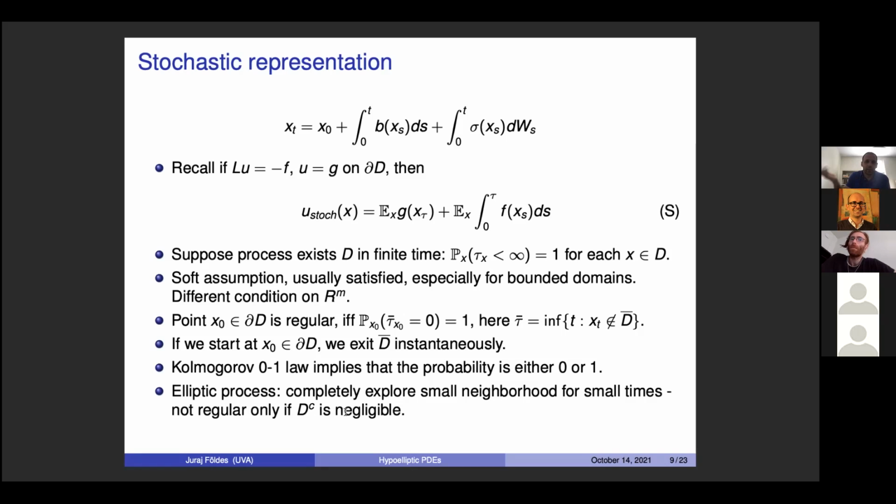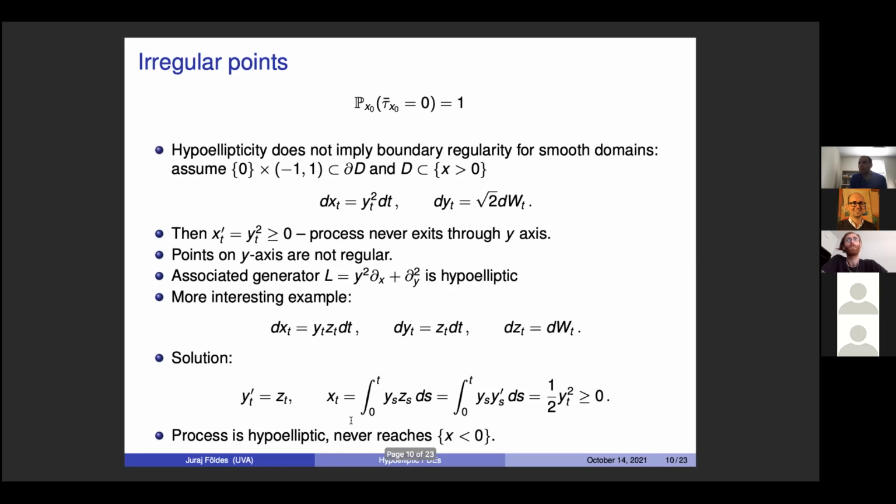It's like you cannot access it comfortably from outside. And this is kind of the idea of this Wiener criterion. If the boundary point is not accessible from outside, that really means that our process, even elliptic, cannot really exit D, then this problem is not going to be regular. Bad luck.